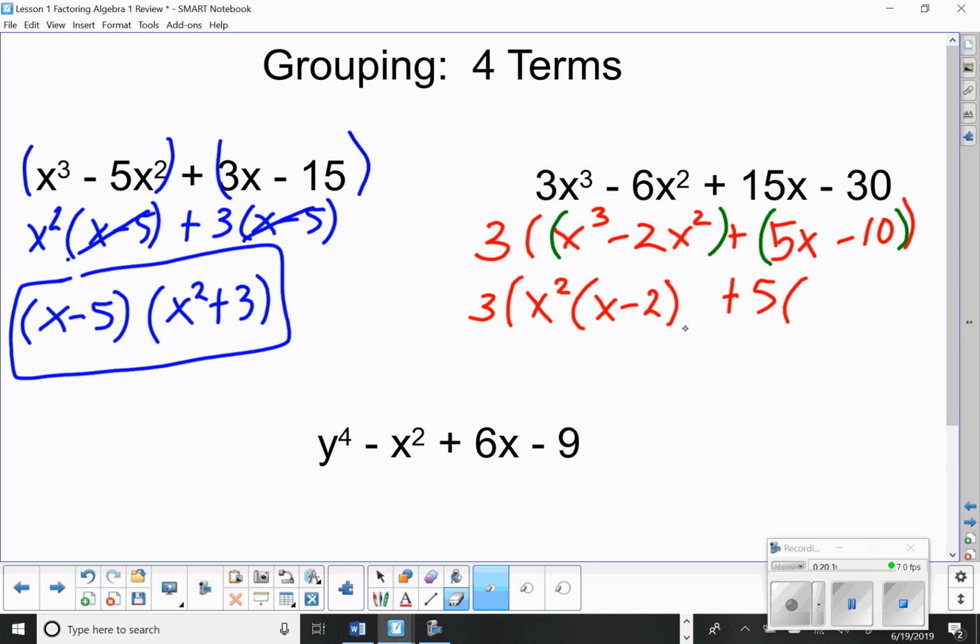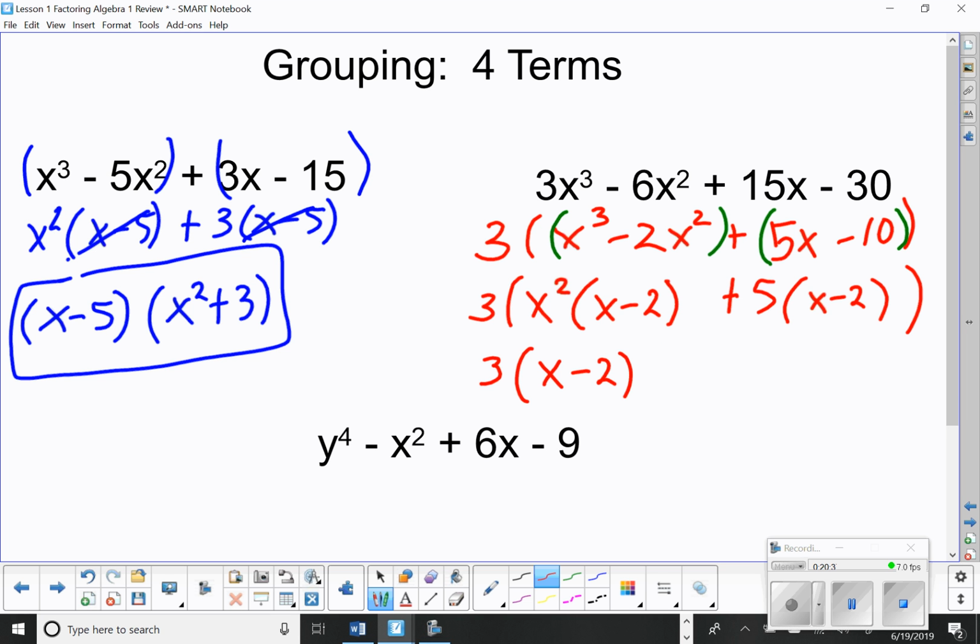I have my 5, and then I've got my x minus 2. Now notice that within these two, I've got an x minus 2 that is the same. So I've got 3, and I've got my x minus 2, and that leaves me with x squared plus 5.